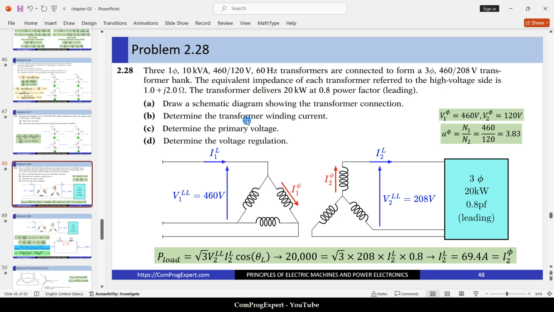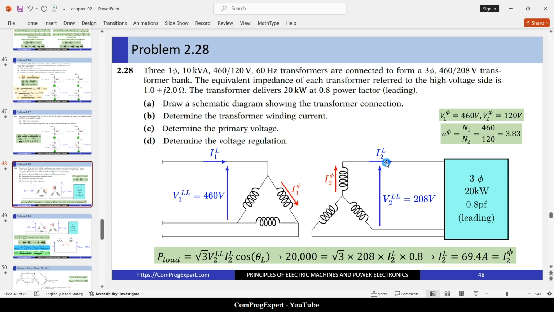Determine the transformer winding current. How can we calculate phase and line currents? First of all, we should calculate the load current on the secondary side, I2L, this current. We have the line-to-line voltage, the active power, and the power factor.